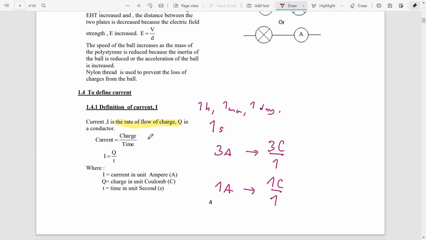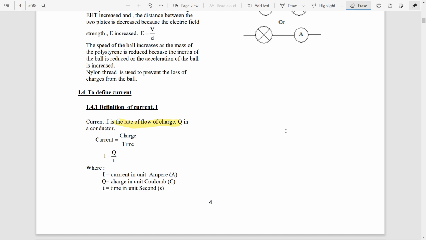So as you can see here, this definition of current can be easily obtained from this equation. If you still remember in your form 2, we have learned about this equation. We had been introduced to this equation, how we can relate the current with charge and also with time, where we can get the relationship between all of those physical quantities.